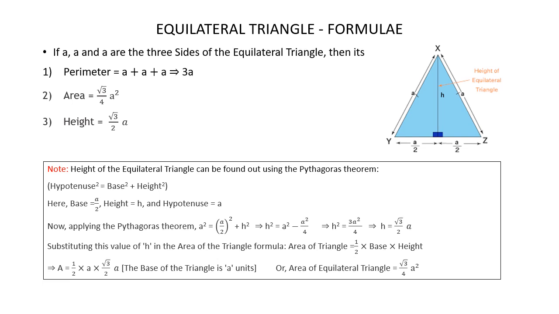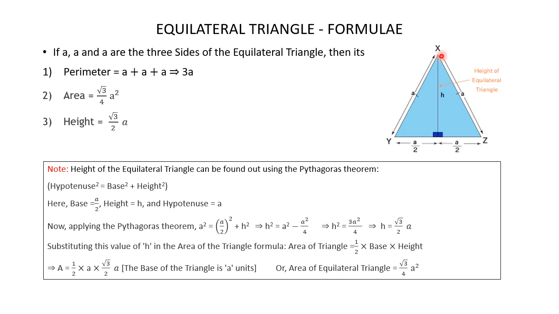Now that we know the formula for the height of the equilateral triangle, we can easily find the area of the triangle using the formula: area of triangle is equal to half multiplied by base multiplied by height.